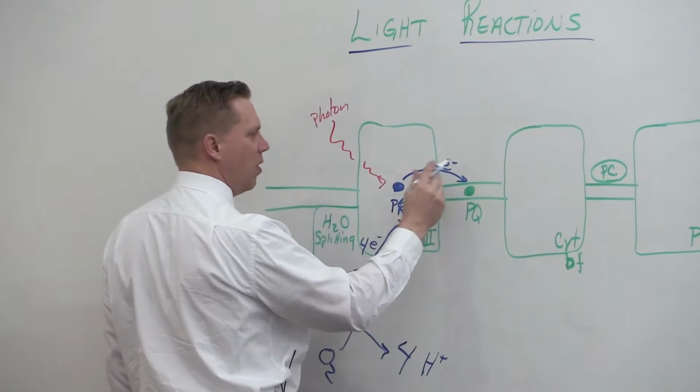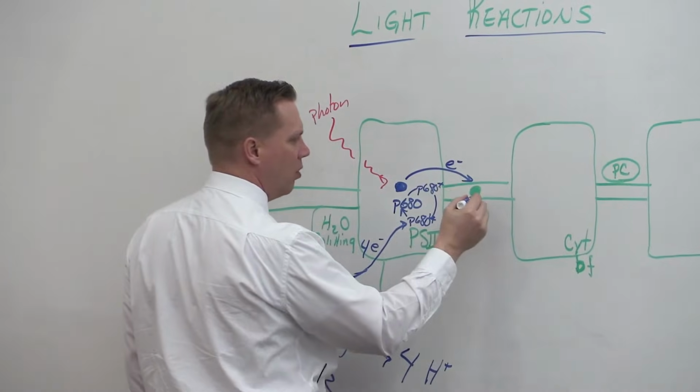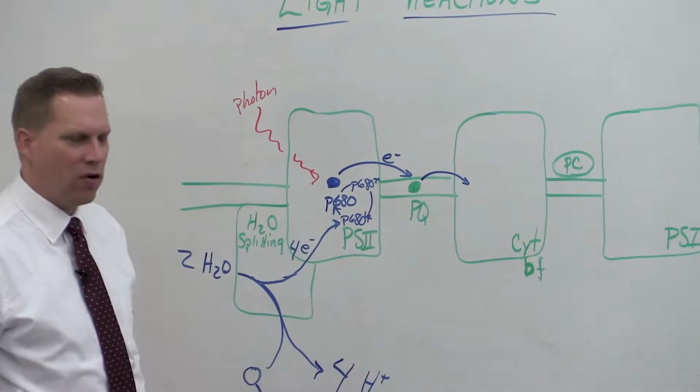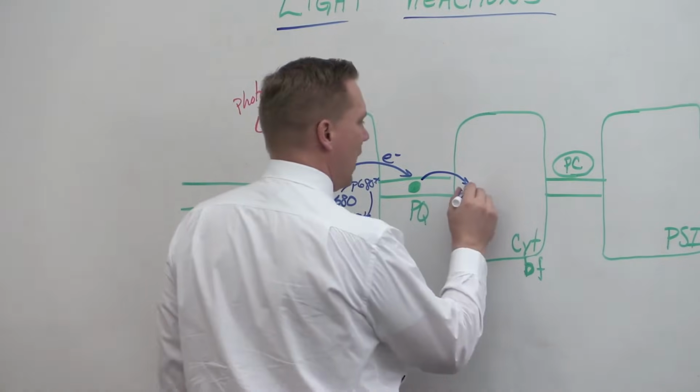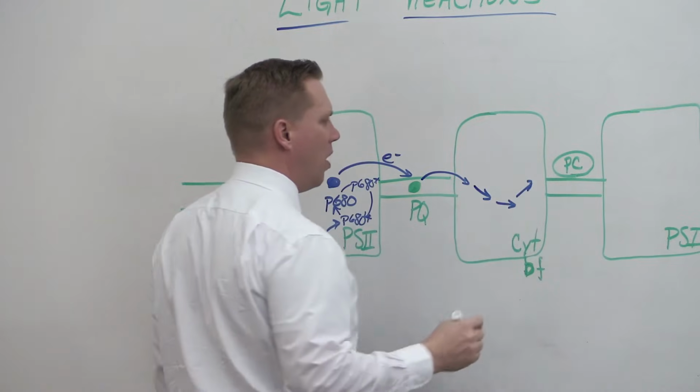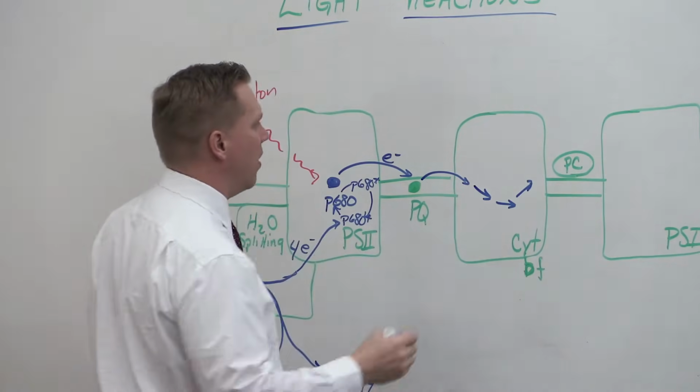P680 again grabs them, donates them to plastoquinone. Plastoquinone donates them to the cytochrome BF complex. And they sort of move around the cytochrome BF complex and get passed through several carriers.